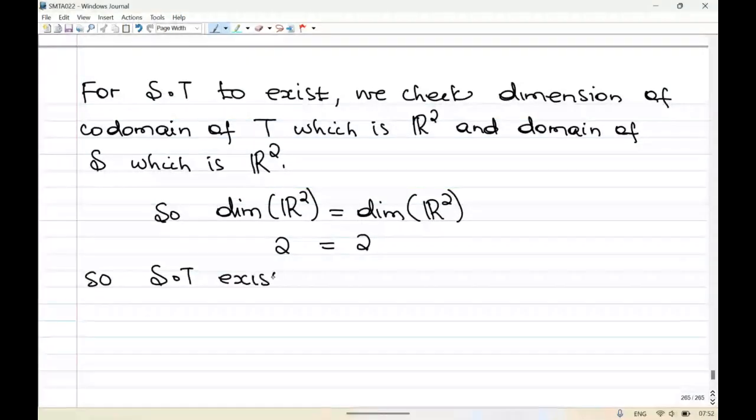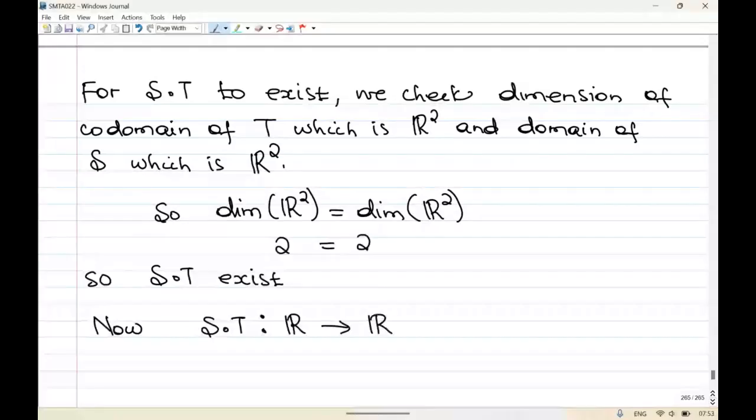Then if it exists, we can carry on. You and me, we agreed about the matrices. Who can tell, for S and T, the new map will be what? It will take everything from this R to this R. Let's start with the domain. The power of the domain will be what?